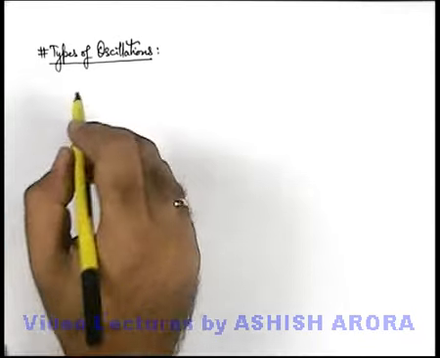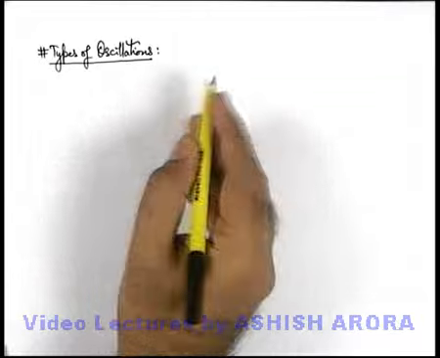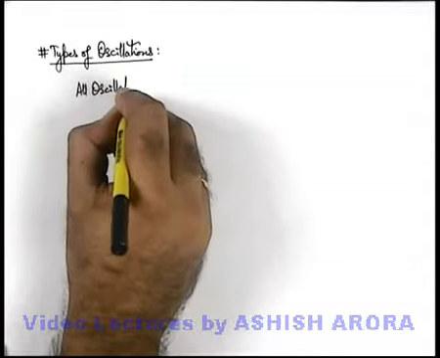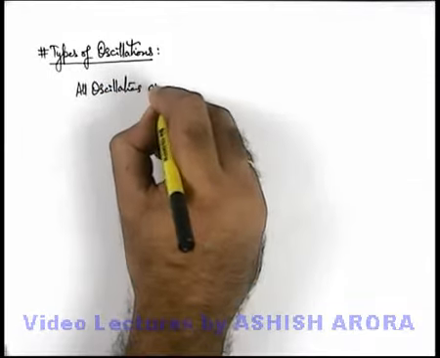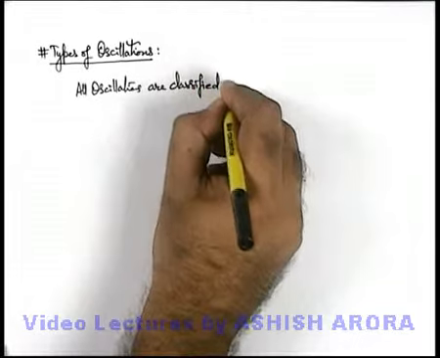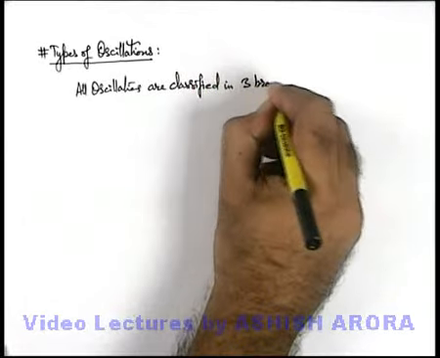Now we'll discuss the types of oscillations. We can state that all oscillations are classified in three broad categories.